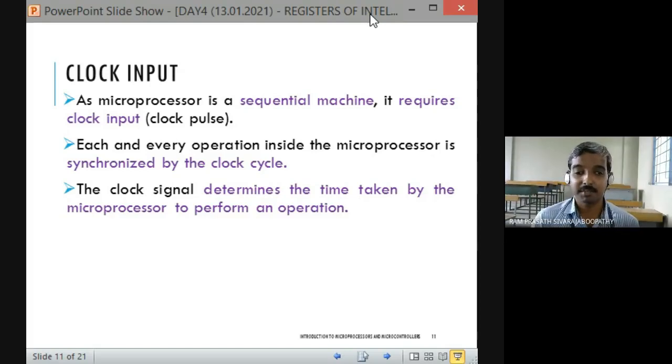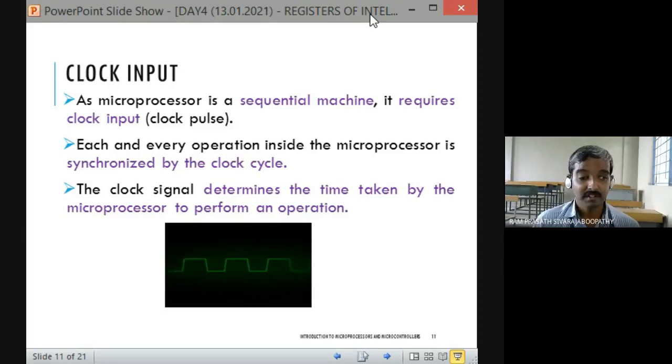Clear? That is defined by the speed of your clock signal. Okay. In a session before the previous one, we gave a task. I hope everyone knows it. At the end of today's session I will ask you. We asked you to check what processor you use in your laptop and what its operating speed is. At the end of the session we will ask.